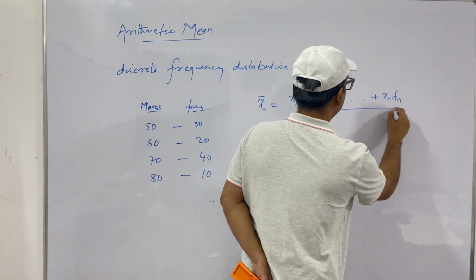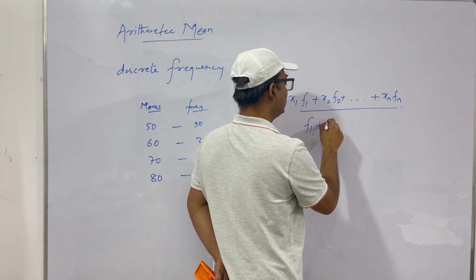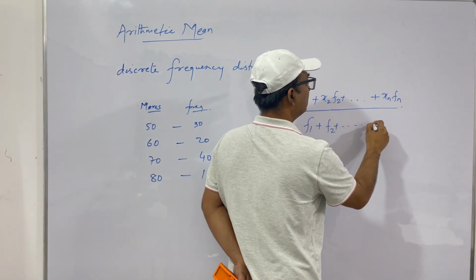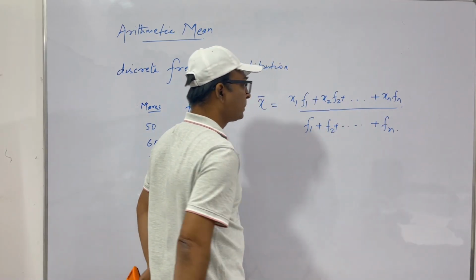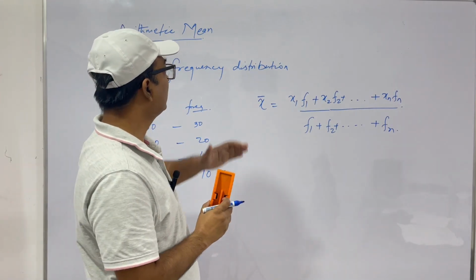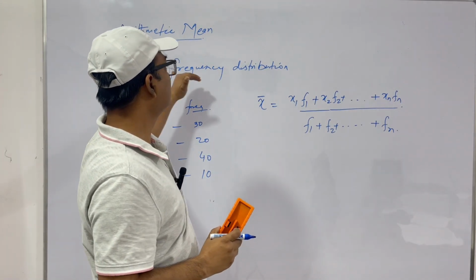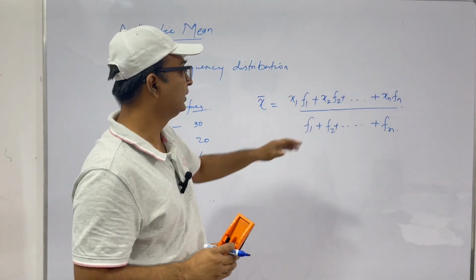By what do we divide? We add all the frequencies. This is the formula for arithmetic mean of a discrete frequency distribution.